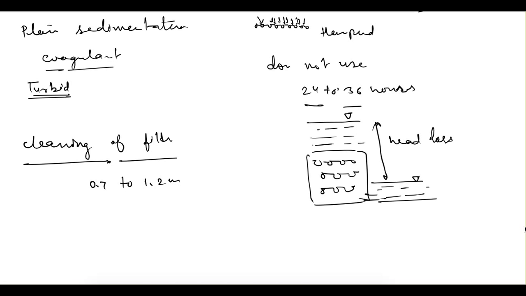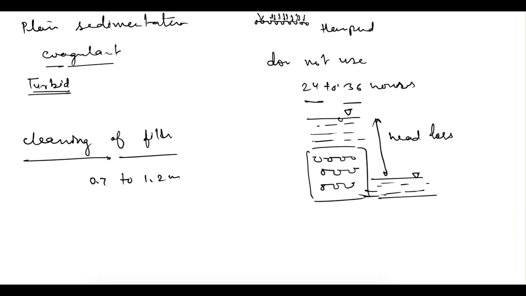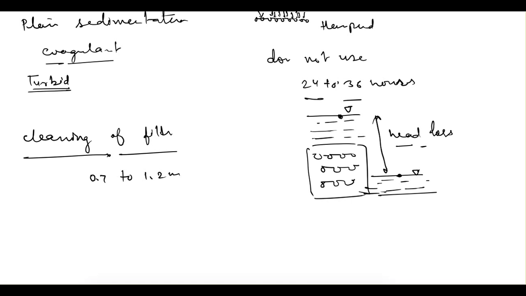Head loss is nothing but the difference between the total energy here and the total energy here. The loss in that is your head loss. If we are just talking about the pressure energy, the total energy here will be the summation of pressure plus datum. I am not going into the detail. But why do we term this head in terms of energy?